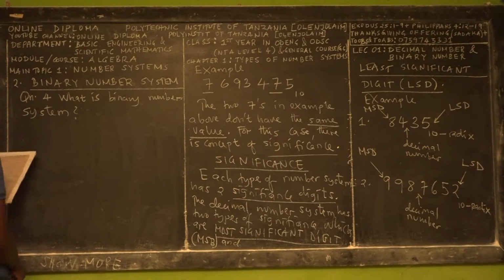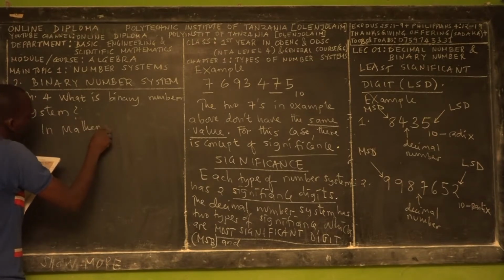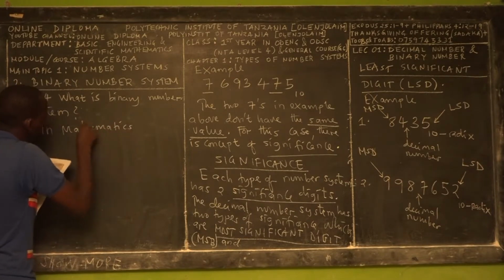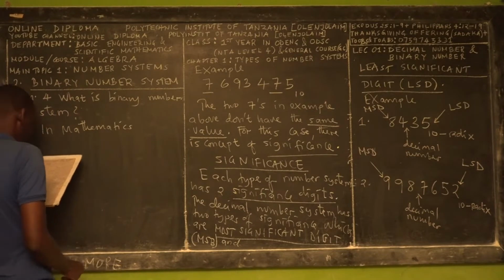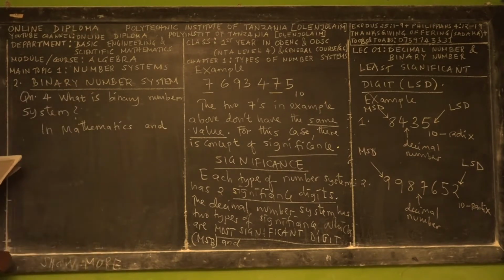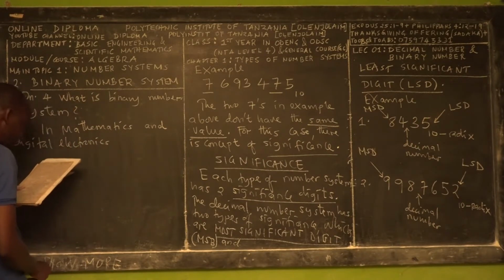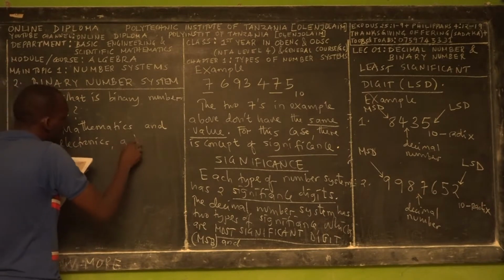Okay, so we say that in mathematics and digital electronics, because we learn these concepts in mathematics and digital electronics, a binary number.